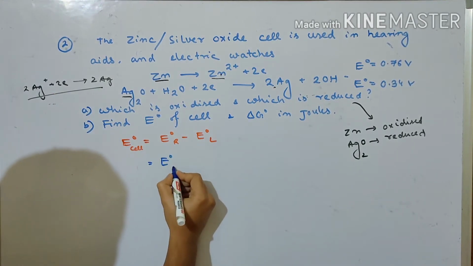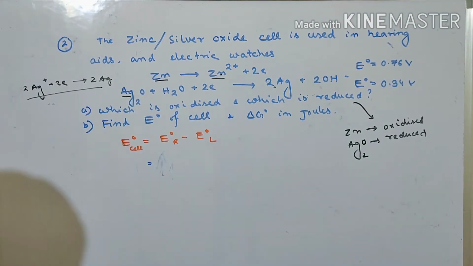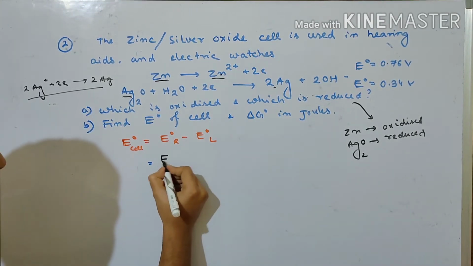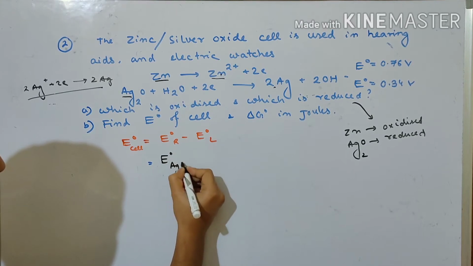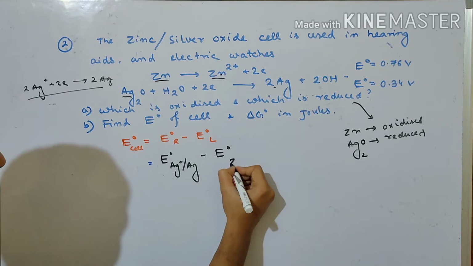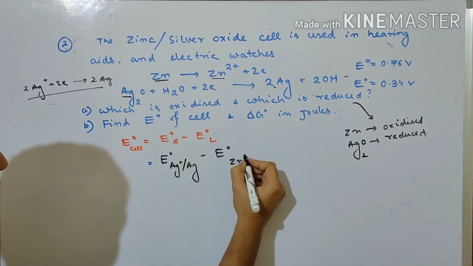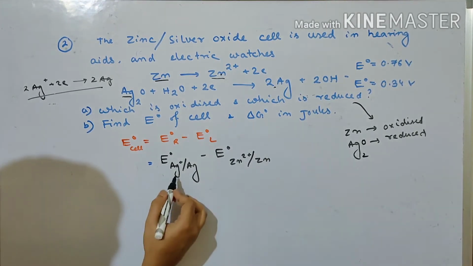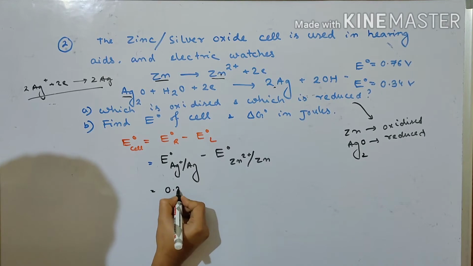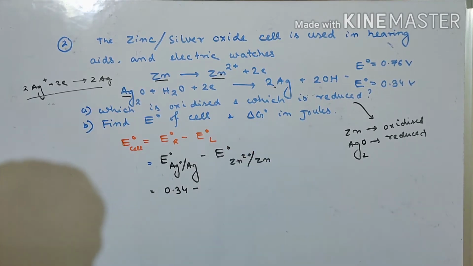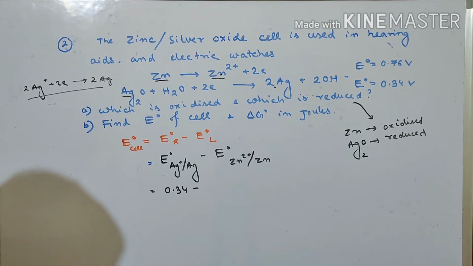So it will be E0 of Ag+/Ag minus E0 of Zn2+/Zn. This value is already given as 0.34 minus, and this is given as 0.76.